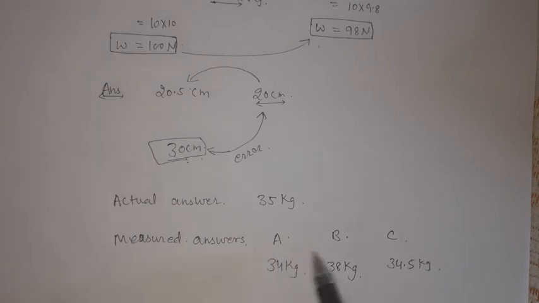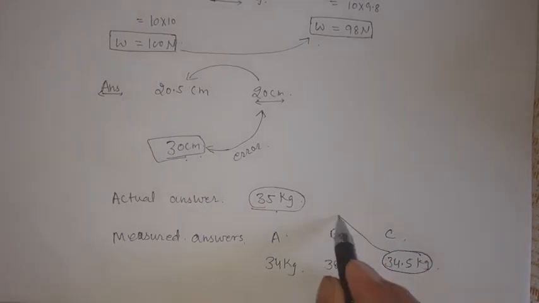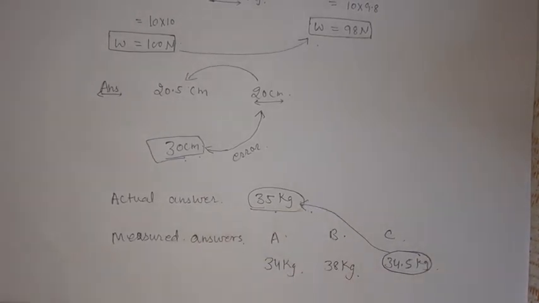So which answer do you suppose to be more accurate out of these three students who have done their measurement? You are looking for the closeness. The actual answer is 35, and they have given answers of 34, 38 and 34.5. You see that 34.5 kilogram is very close to the actual answer.